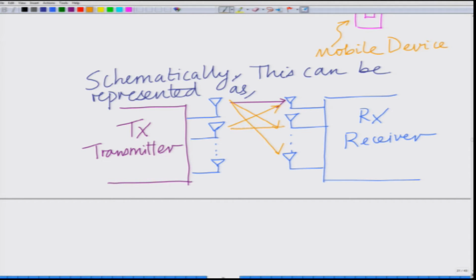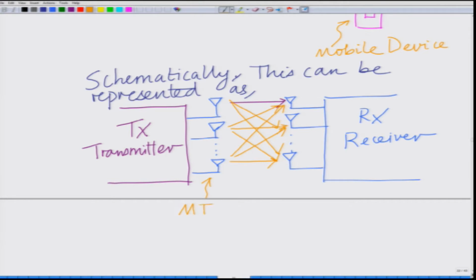Look at this: I have a path between every transmit-receive antenna pair. Between every transmit antenna and every receive antenna, I have a channel. So, if I have m transmit antennas and r receive antennas, I am going to have a total of m times r channels.